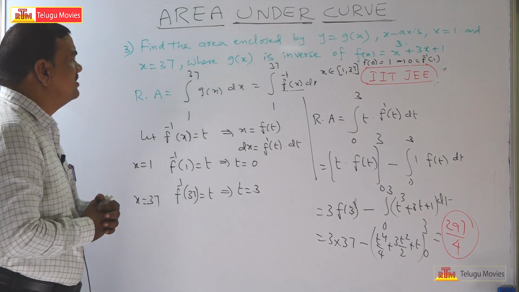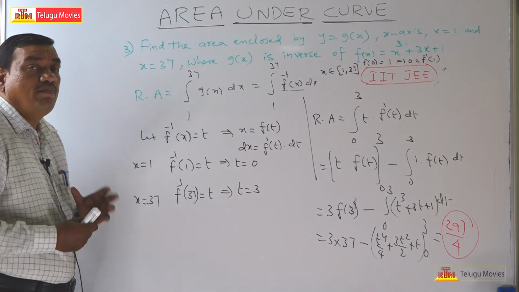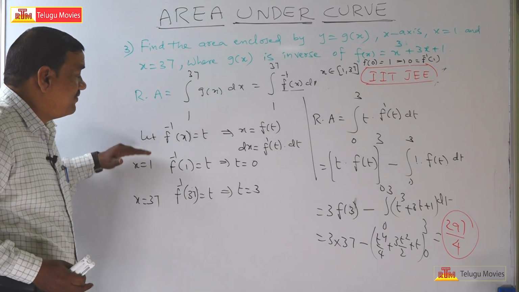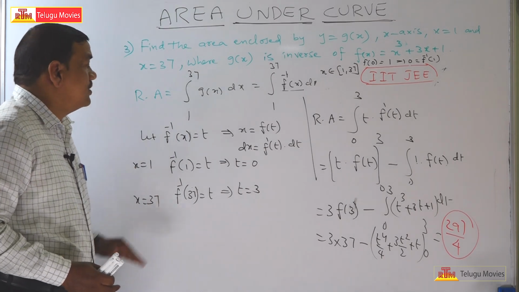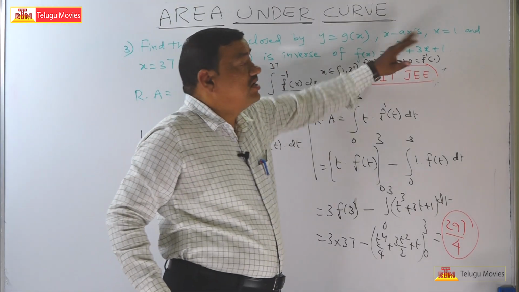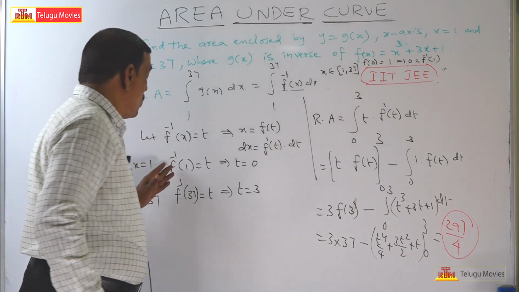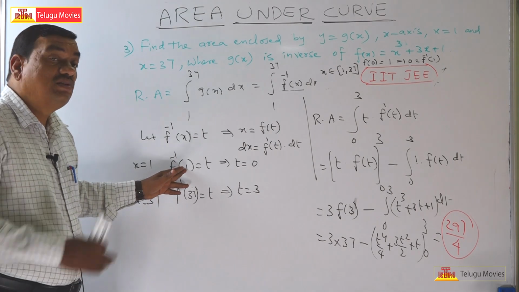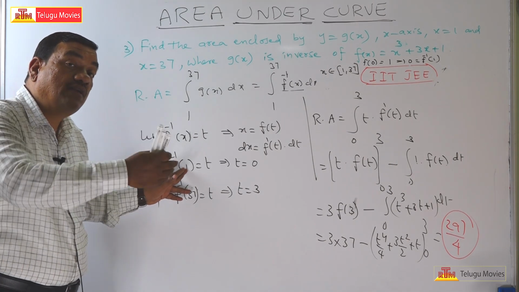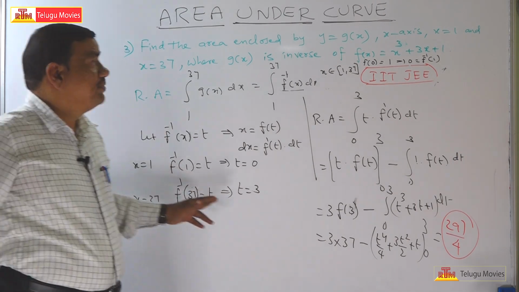So it is a very, very easy problem. We made a very intelligent guess without finding the inverse of the given function f of x. f inverse of 1 means the pre-image of 1.